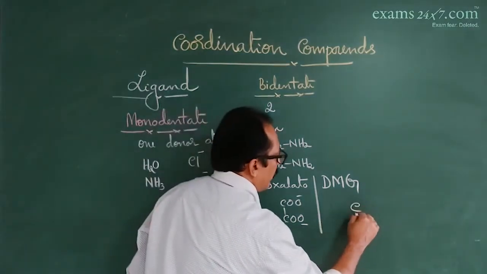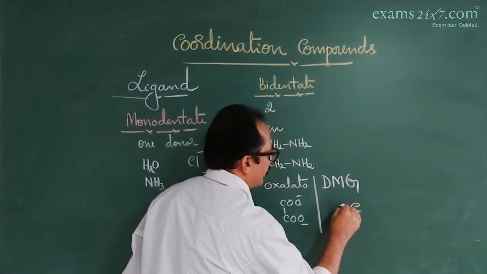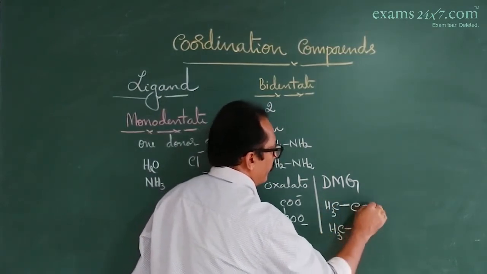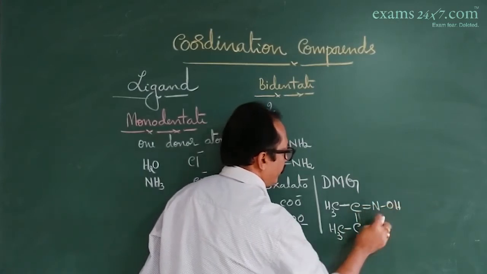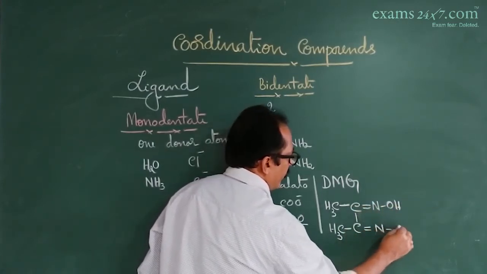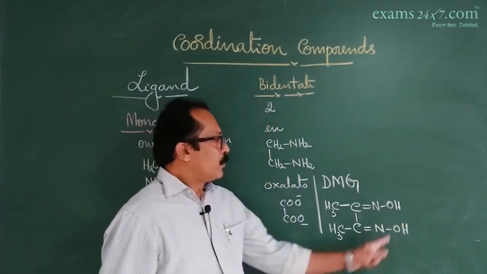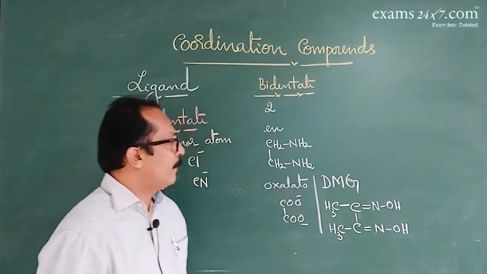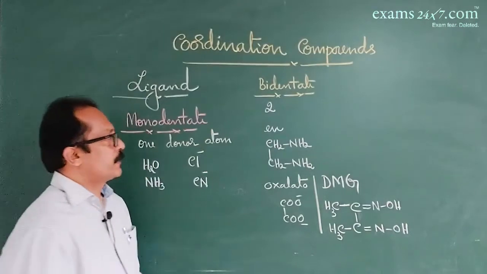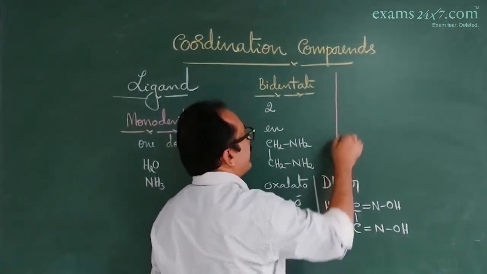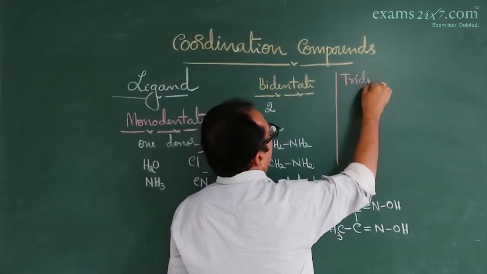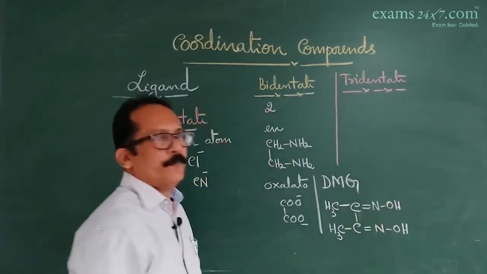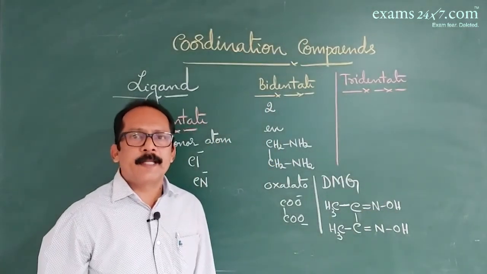Now, dimethyl glyoximate. The structure, when you see it, looks neutral, but it carries negative charge. It loses hydrogen, as a result it acquires negative charge. Therefore, it's an example for bidentate negative ligands. Now, next about tridentate ligands. There are 3 donor atoms, ligating atoms 3, denticity is 3.